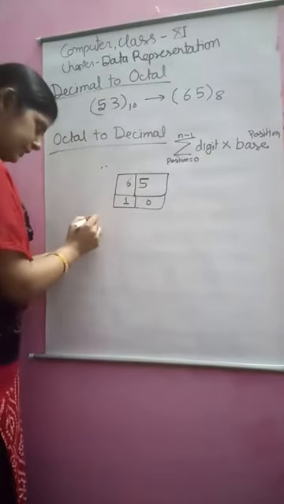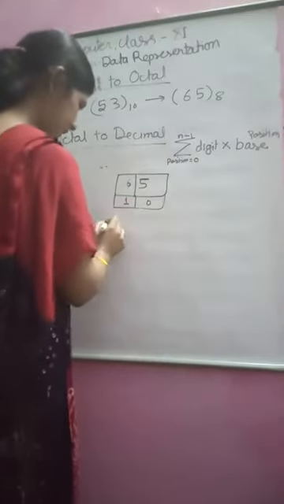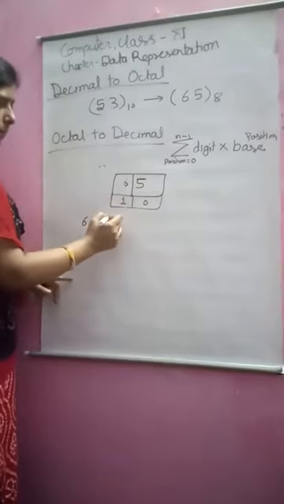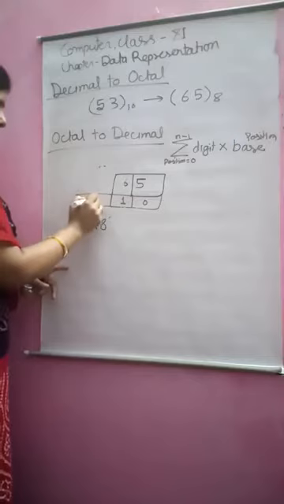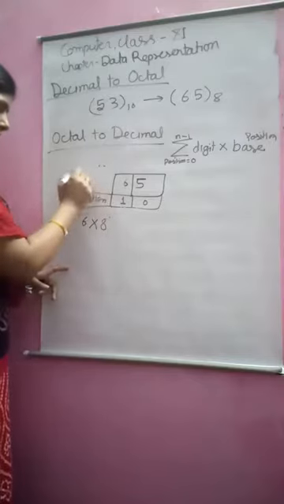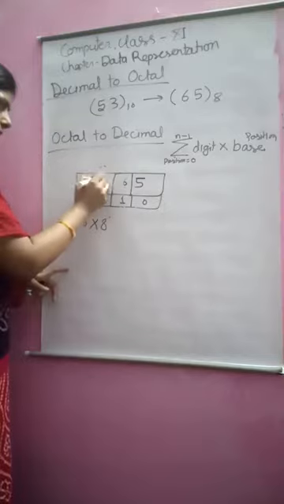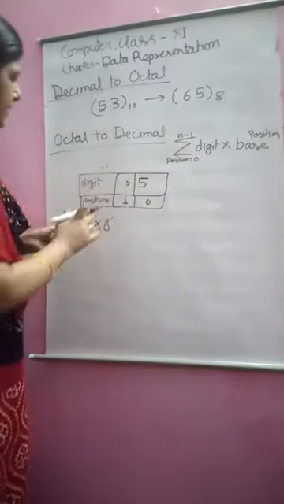The digit value is 6, multiplied by base 8 to the power of the position. This is the position, and this is the digit. So you are calculating the weight of each digit.